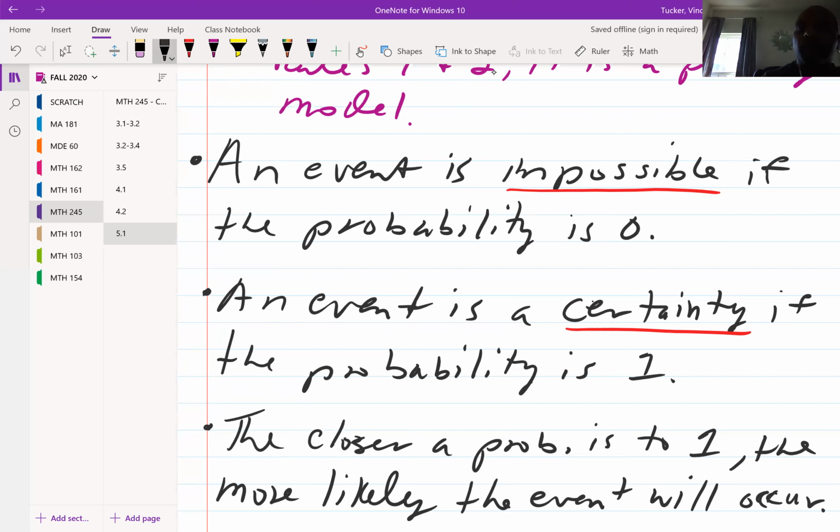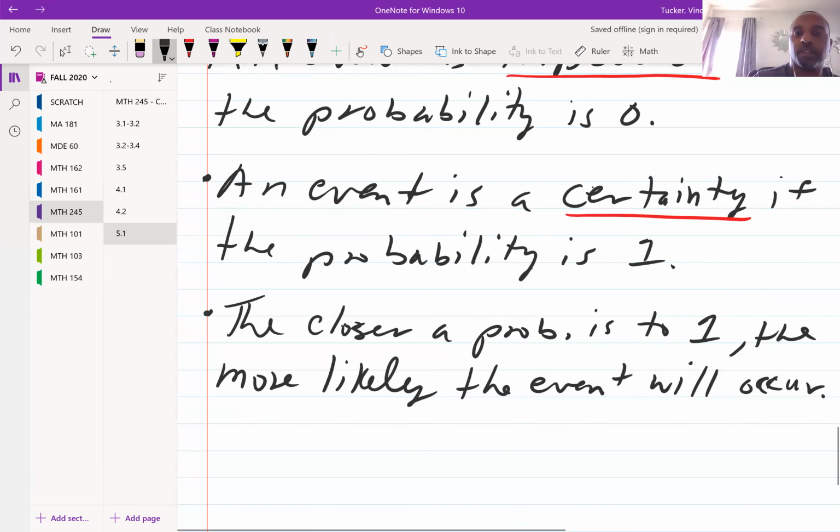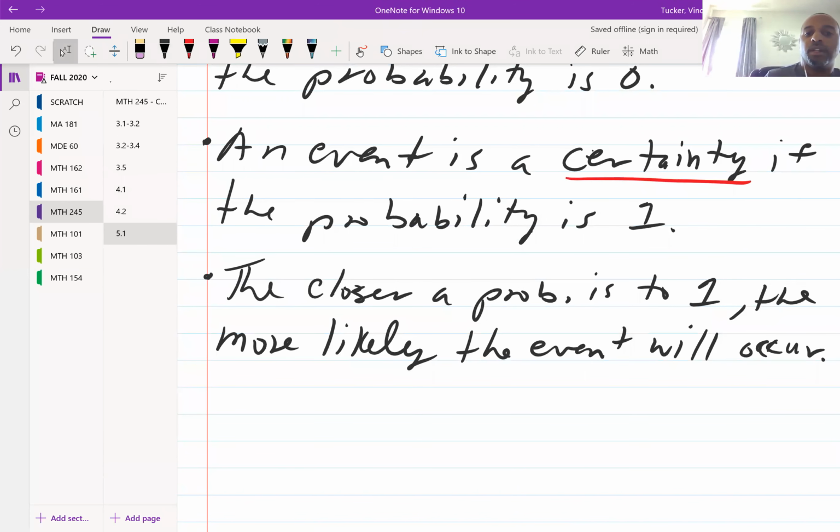An event is impossible if the probability is 0. An event is a certainty if the probability is 1.